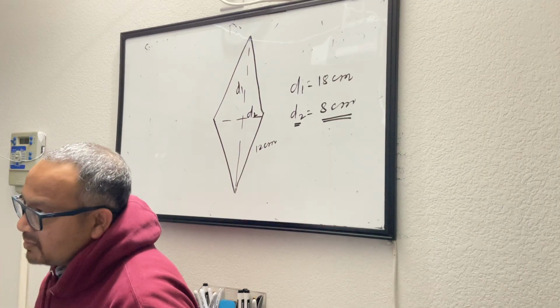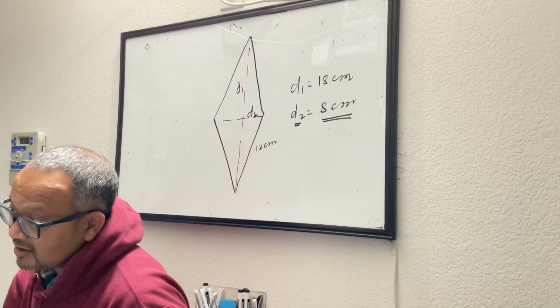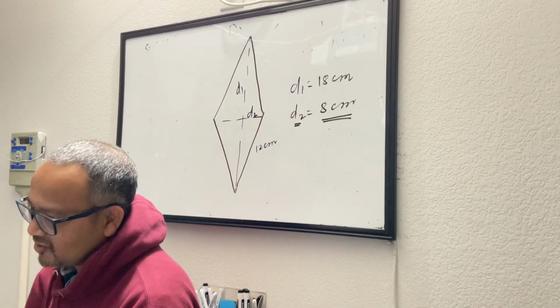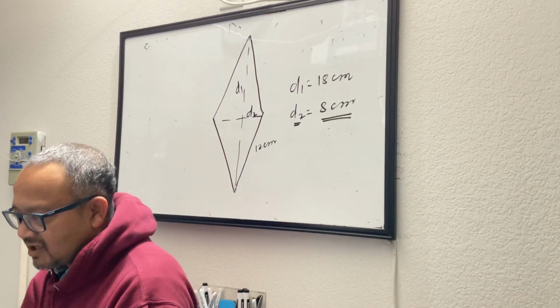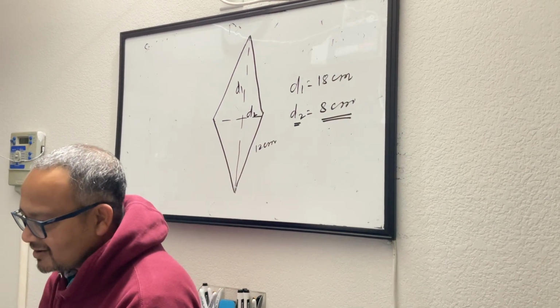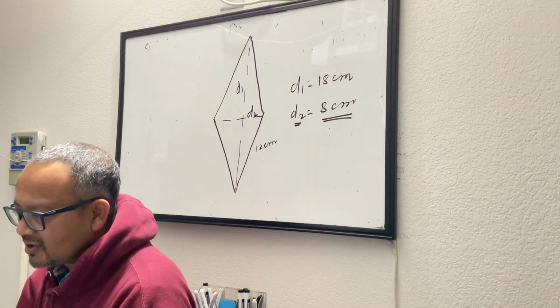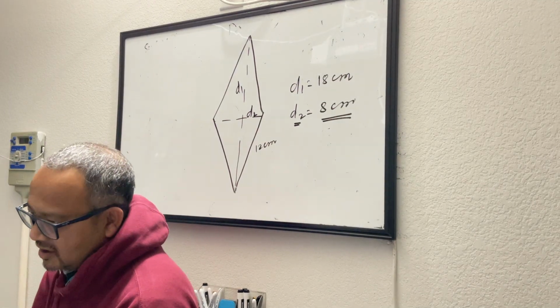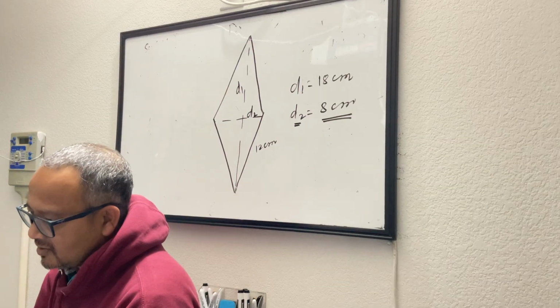So area will not be in centimeters. It will be centimeter square. 72 centimeters square. Yep. Okay. Shanvi. For area, I got 72 centimeters square, and for perimeter, I got 48 centimeters. Okay. Same thing. Good friends together.